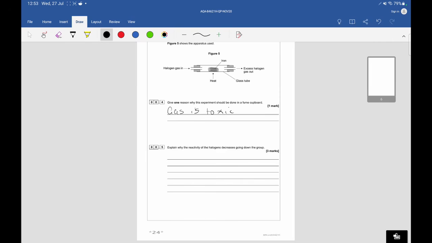Question 8.5 says to explain why the reactivity of the halogens decreases going down the group. Well, we know that the halogens, group 7s, are trying to pull electrons in. And we know that this is getting more difficult because the outer electrons are further from the nucleus.